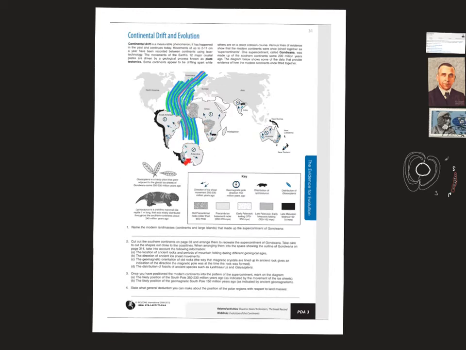The fossils were the same in Africa as they were in South America and Antarctica. The rock layers matched. North America matched with Europe. Australia, India, and Africa matched in a lot of their fossils. A lot of their orientations, India and Australia, for instance, matched very much in their orientation.